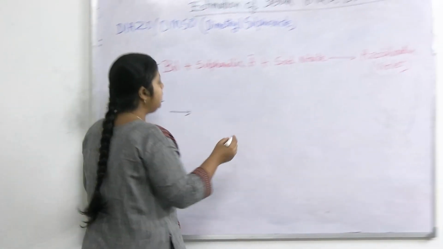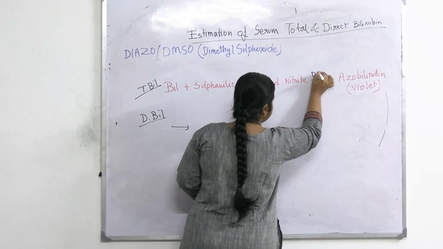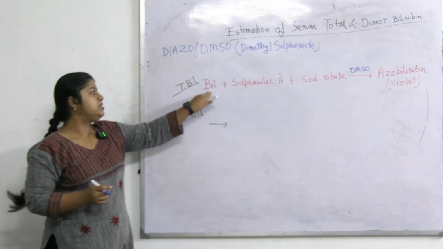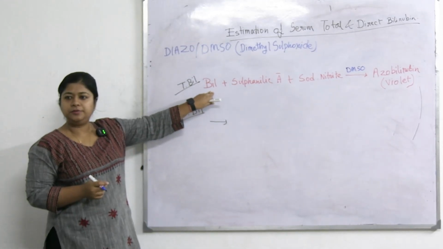What is direct bilirubin and what is total bilirubin? Conjugated part is known as direct bilirubin and total consists of conjugated plus unconjugated. So how to calculate the unconjugated or indirect part? We add DMSO, which helps in catalyzing this reaction for unconjugated bilirubin.